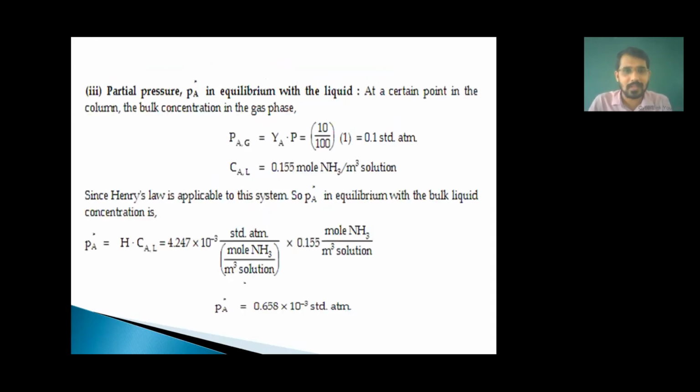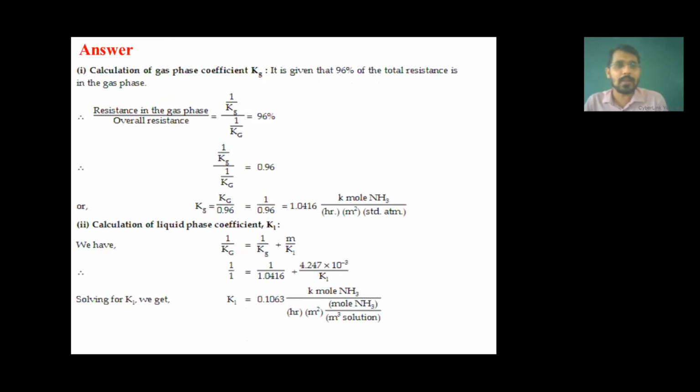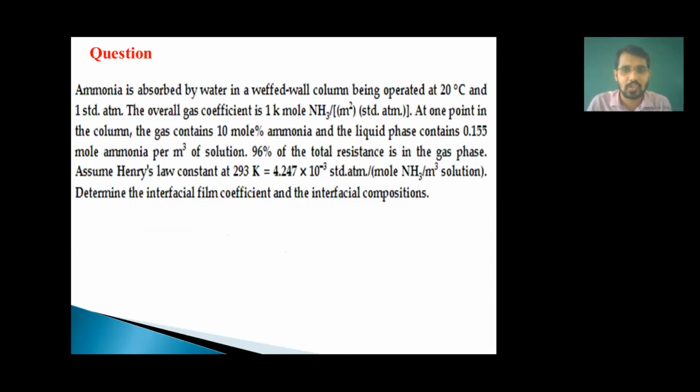So we'll start with how to find the gas phase coefficient, small kg. It is given that 96% of the total resistance is in the gaseous phase. If total resistance is 100%, then 96% is in the gaseous phase.